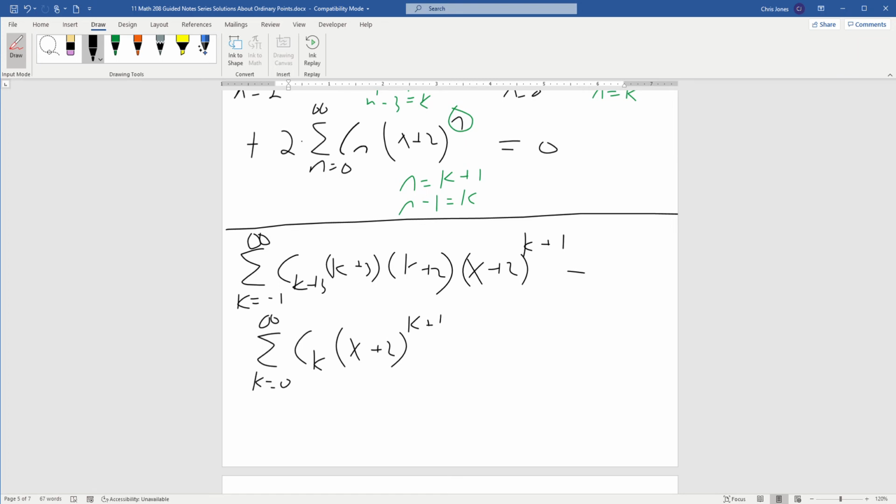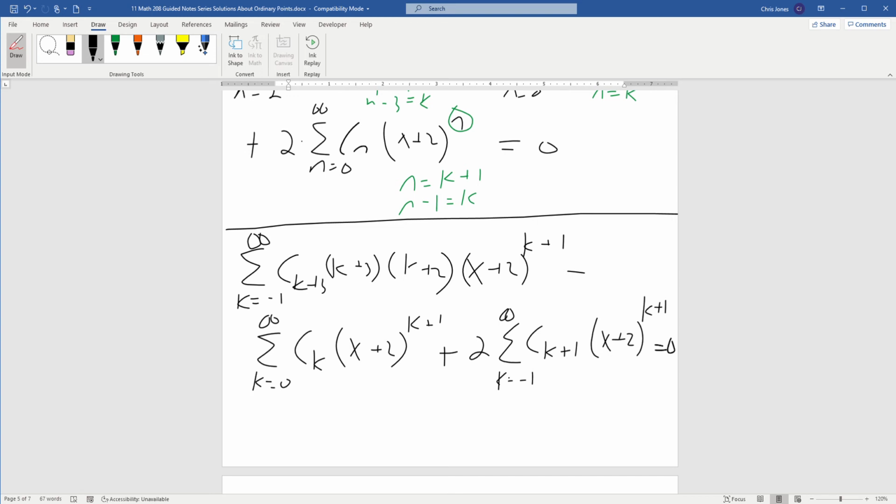And then finally we're going to substitute k plus 1 back in. So we have 2 series. We're going to subtract 1 from n, so it's going to be k equals minus 1 to infinity. And we're going to get c sub k plus 1, and then quantity (x plus 2) to the k plus 1. And all that equals 0.